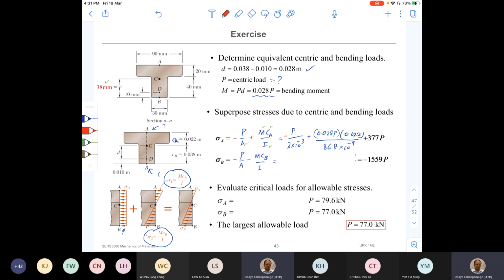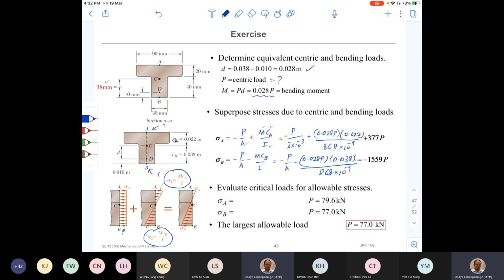Okay. So it is going to be negative P over A and negative M, again the same thing, 28 times P. C B we calculated as 0.038 and divide this one by same I, 10 to the power minus 9. Once you simplify, you get a negative answer.